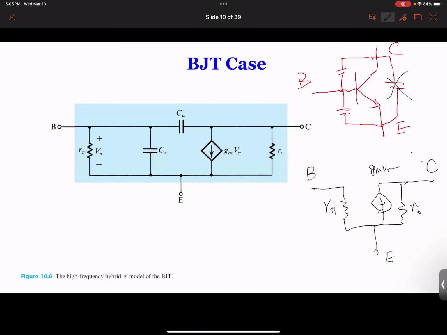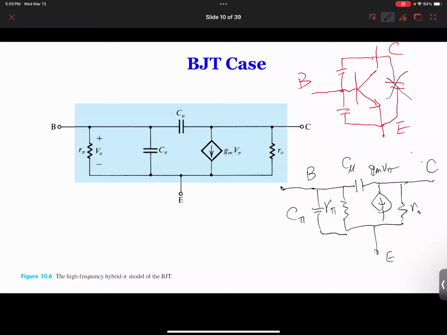Now we have capacitance between base and collector and base and emitter. We can neglect again the collector emitter, so we add the capacitors. Between base and collector, you add it here. And between base and emitter, you add it here. So this circuit now becomes this one. We call this one C pi, and we call this one C mu. And this is your input side, and the output side on the collector side.